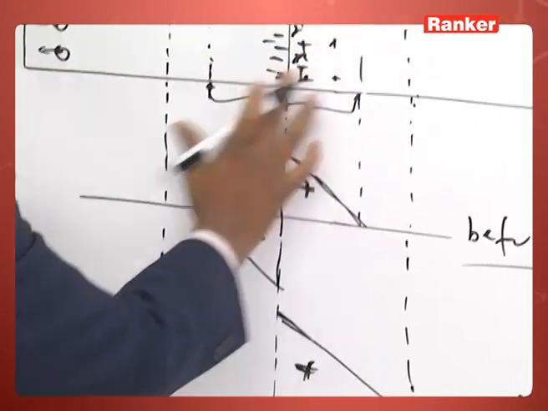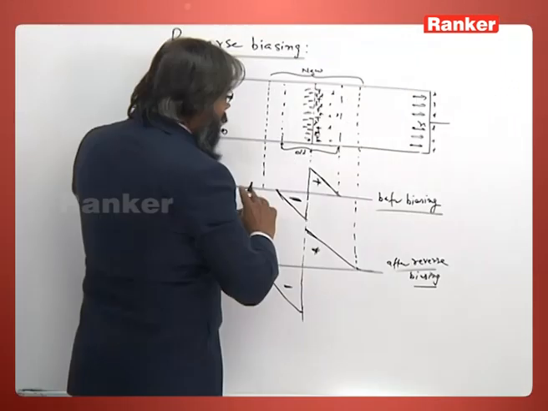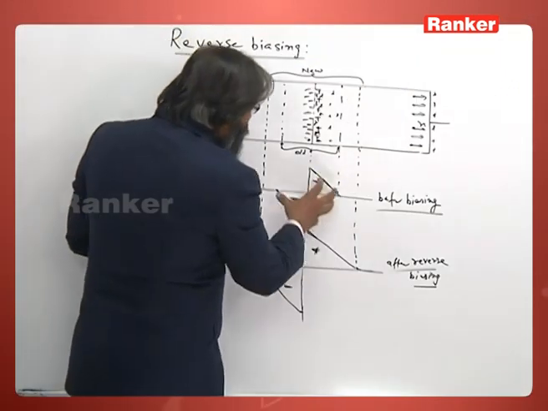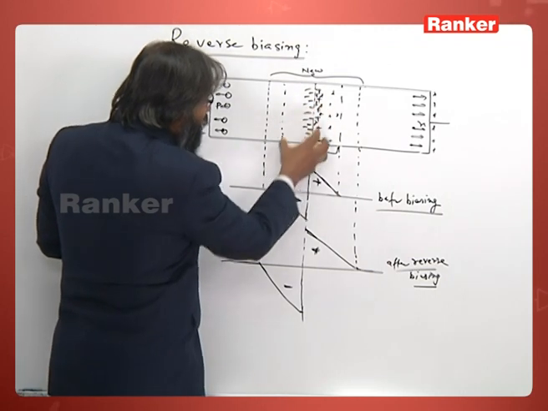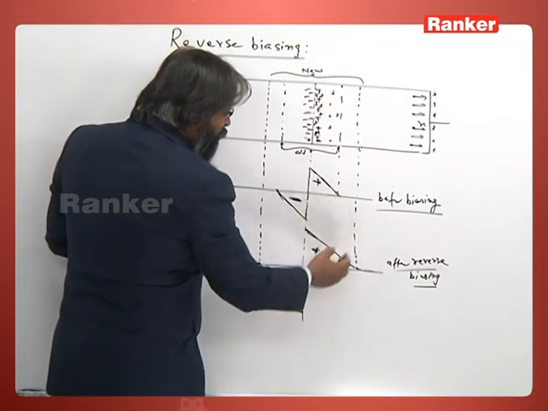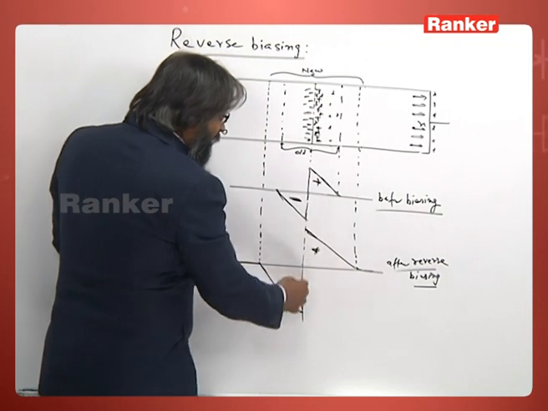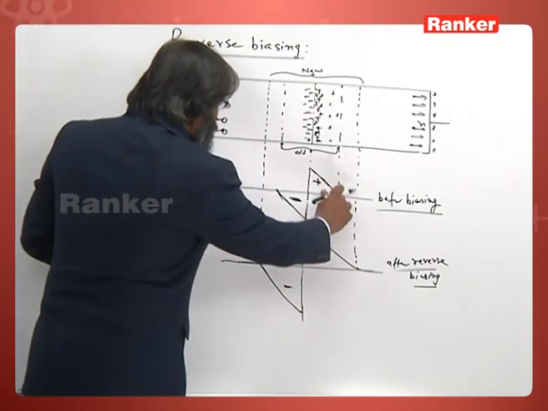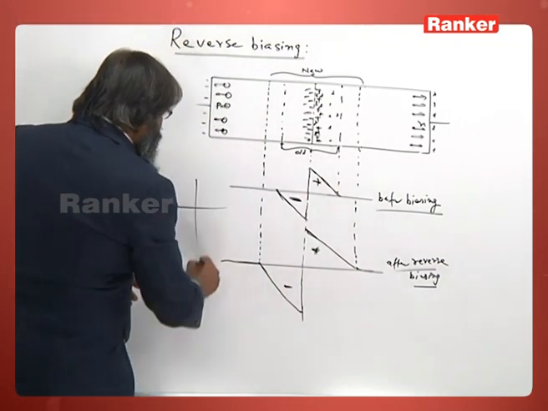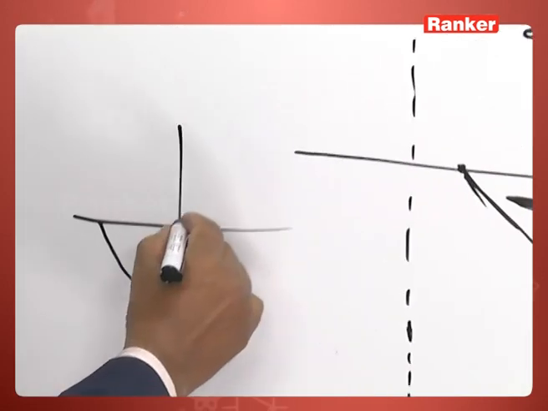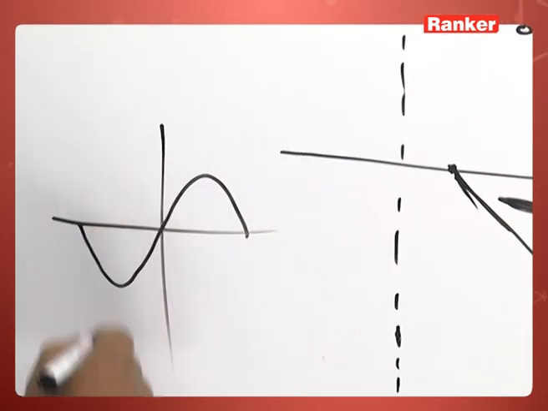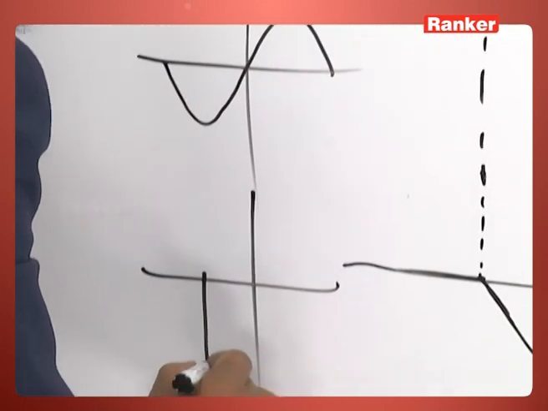So, this whole region will become space charge. Previously, before biasing, the charge was within this and it is given by this, but after biasing this charge is given like this. This curve may be something like this or something like this.